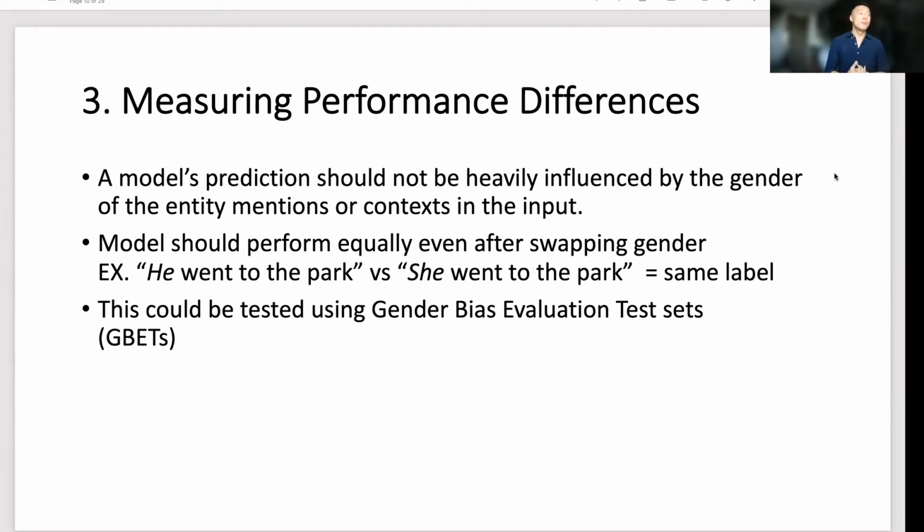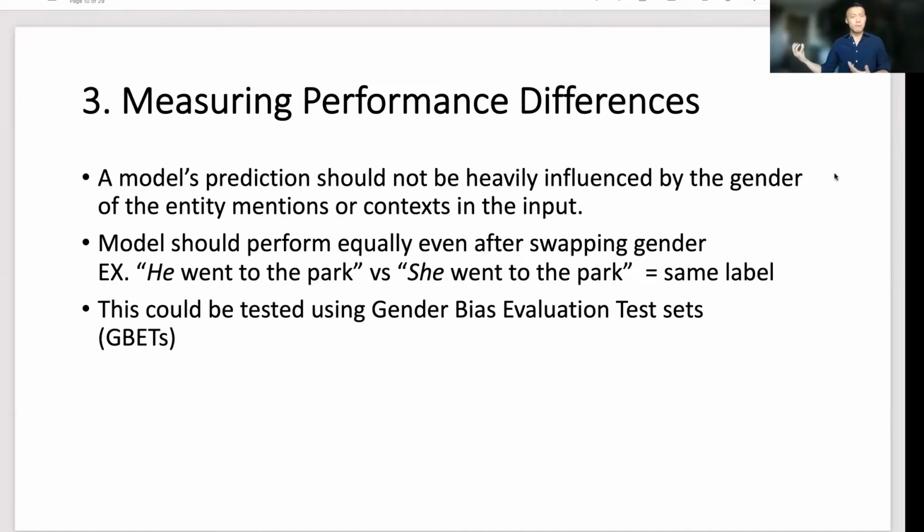So the model prediction should not be influenced by gender or the dimensions or the context that are so gendered. For example, if you perform sentiment analysis, you want to know whether a sentence reflects a positive or negative attitude, and you should get the same label regardless. For example, "he went to the park" versus "she went to the park."